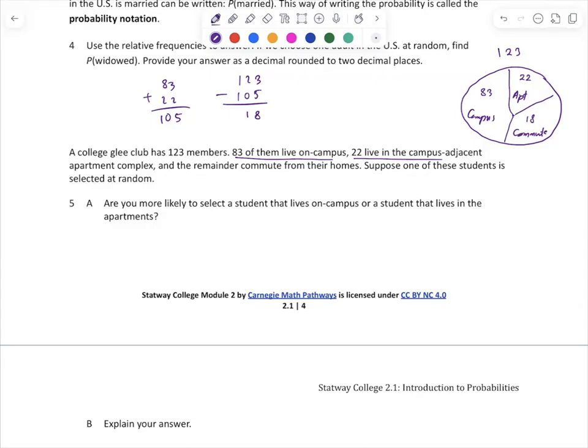Are you more likely to select a student that lives on campus or a student that lives in the apartments? Take a look at this. The frequency or the number of people who live on campus is the highest.